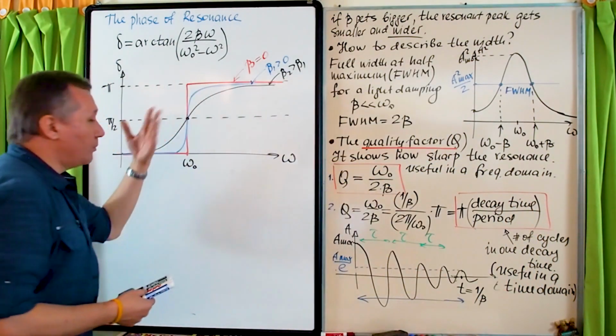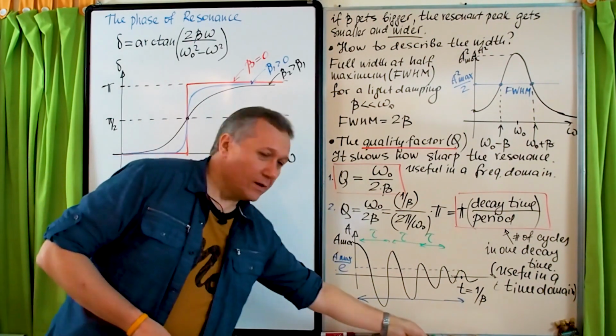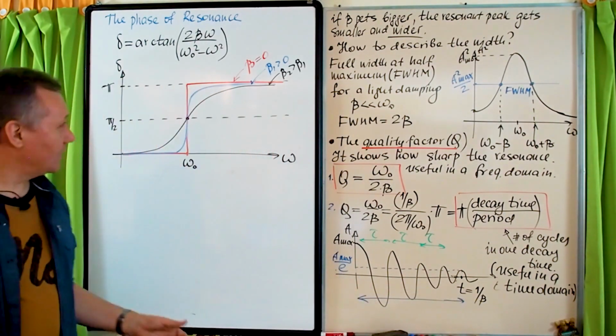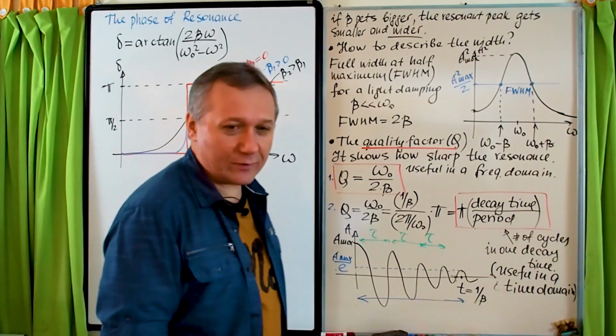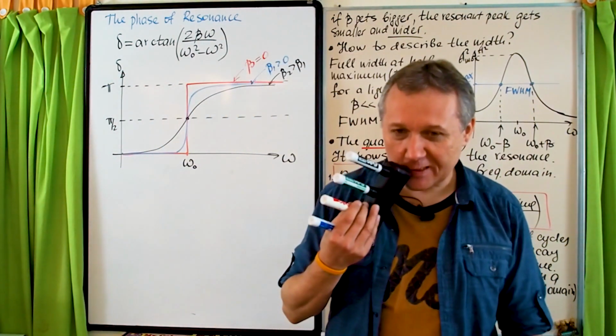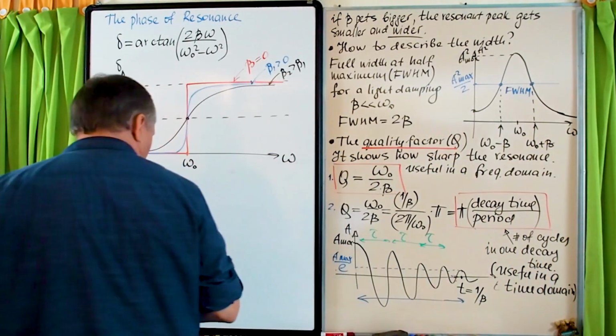So yeah, back to pi over 2. Why is the phase difference between the driving force and the response of the system, x, pi over 2 all the time at the resonance?